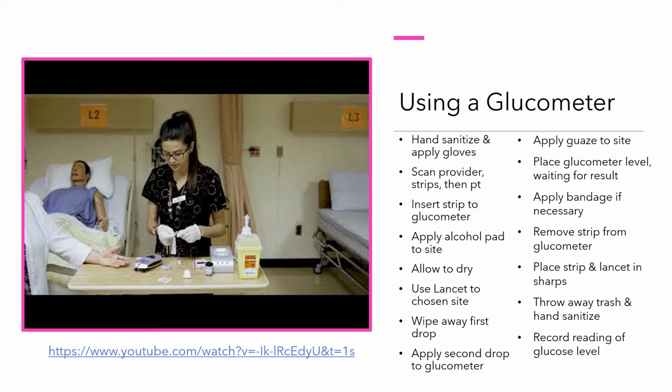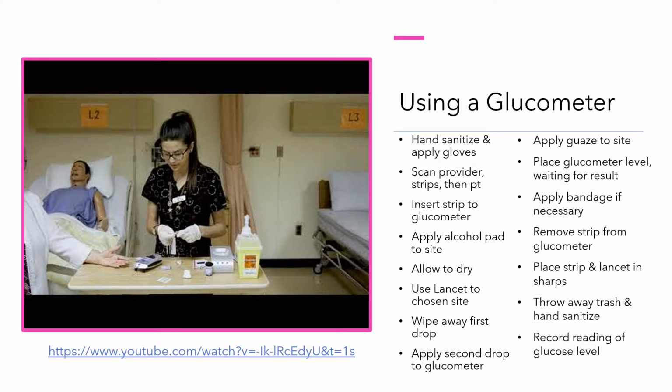You don't want to have it inverted, because the blood can go inside of the meter and damage it, and there's no way to clean that, and it clots inside of the meter. So make sure it is level so that we don't damage our machines. Then apply a bandage to their finger if necessary.